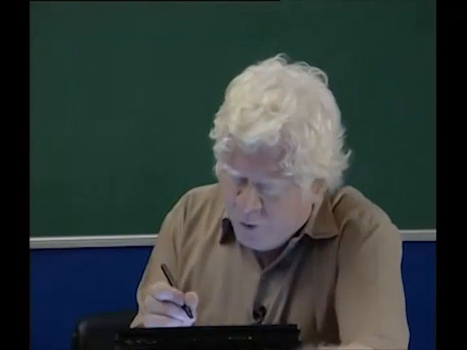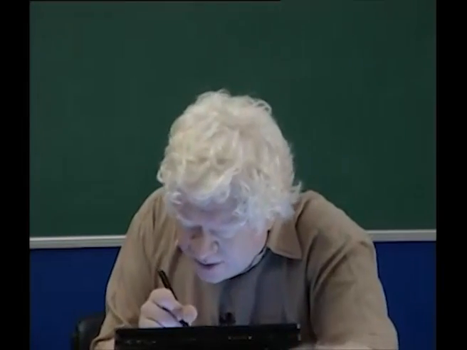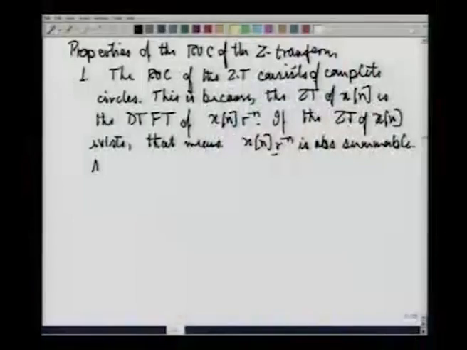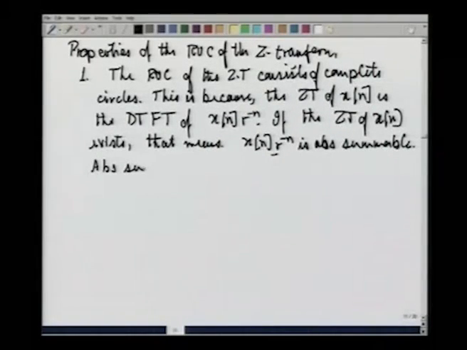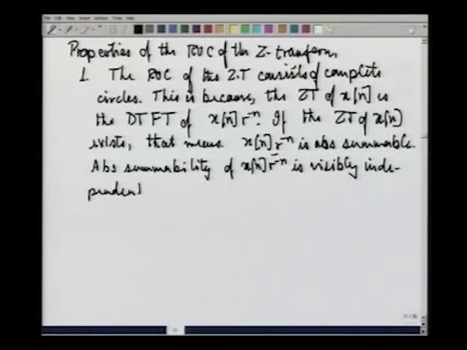If it is absolutely summable, then you see that absolute summability has nothing to do with omega. It has only got to do with r. So, absolute summability of x[n] r to the minus n is visibly independent of omega.